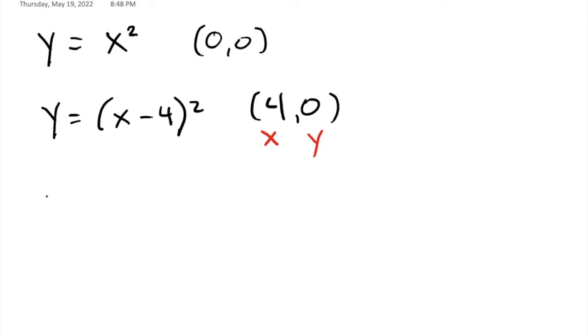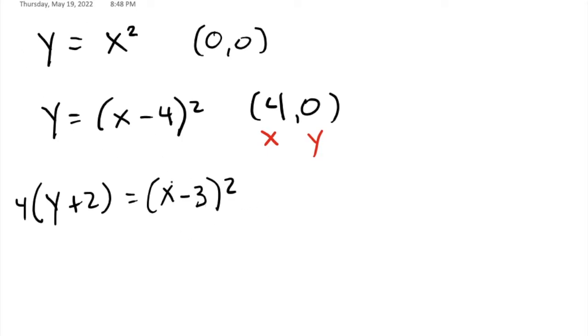And so when both of them have numbers, sometimes you won't see a parentheses if there's no number in front, let's say, like a 4. Again, now we're going to look in the x spot, and that's our x value. So we will change the sign, 3, and we'll look in the y spot and change the sign and get negative 2.